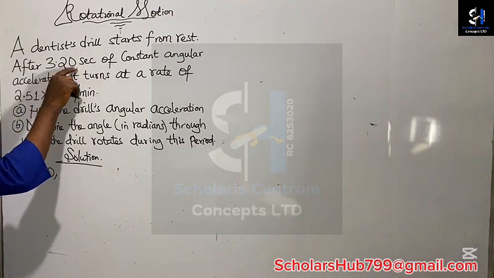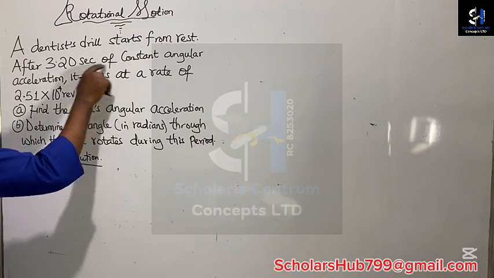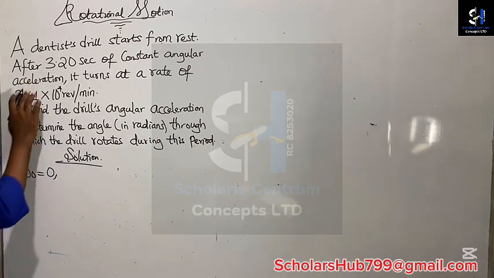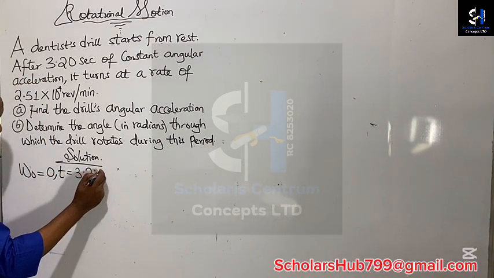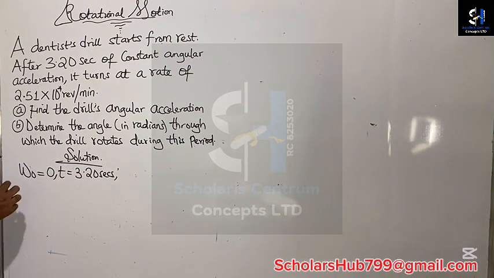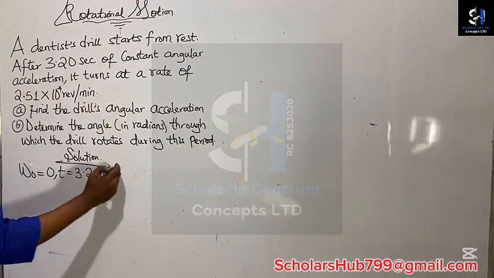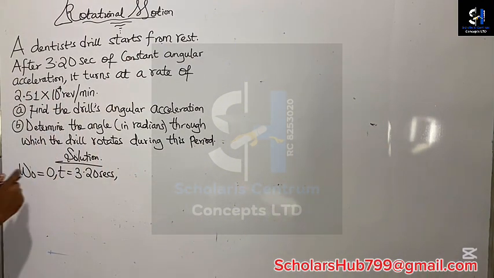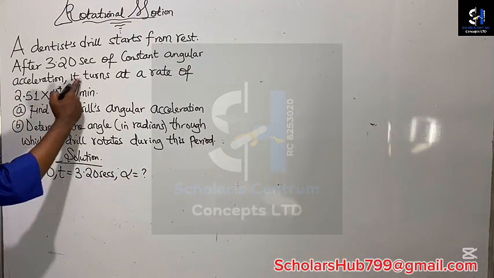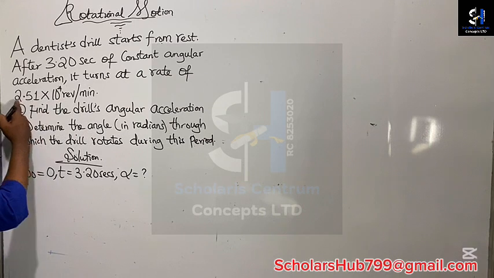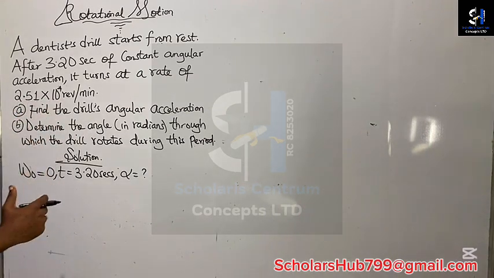After 3.20 seconds of constant angular acceleration, the time in this case will be 3.20 seconds. What is missing here is the angular acceleration. It turns at a rate of 2.51 multiplied by 10 raised to the fourth revolutions per minute.